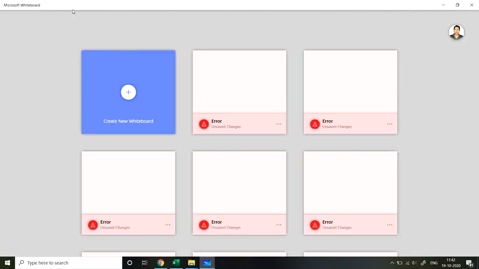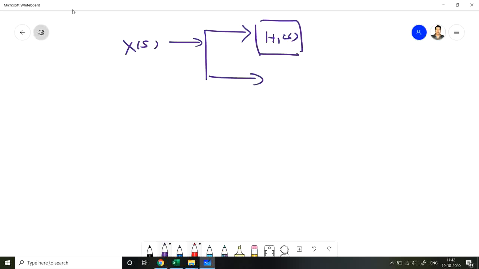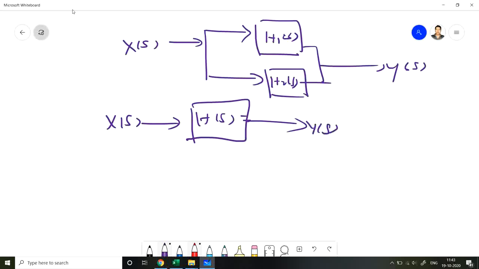Now if we take the Laplace transform, we have X(s), then H1(s) and H2(s), and the output is Y(s). So H(s) can be written in single overall transfer function form: H(s) is nothing but H1(s) plus H2(s).